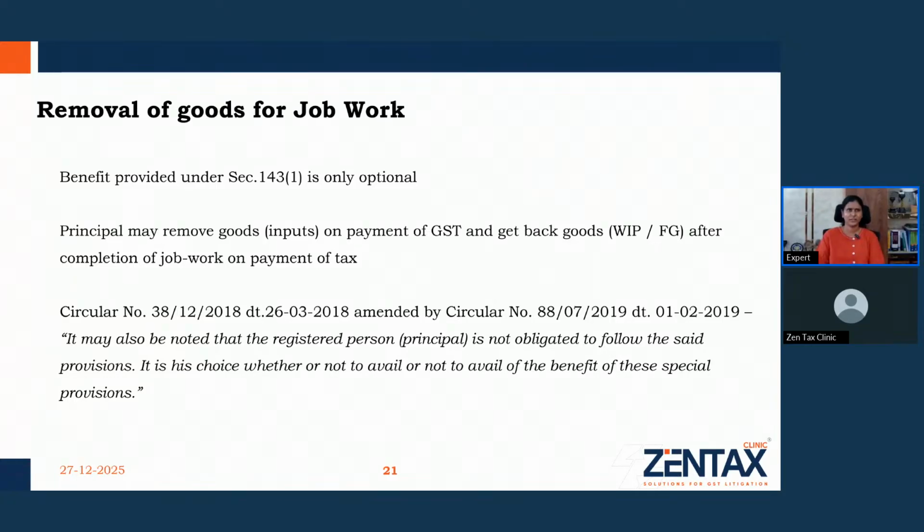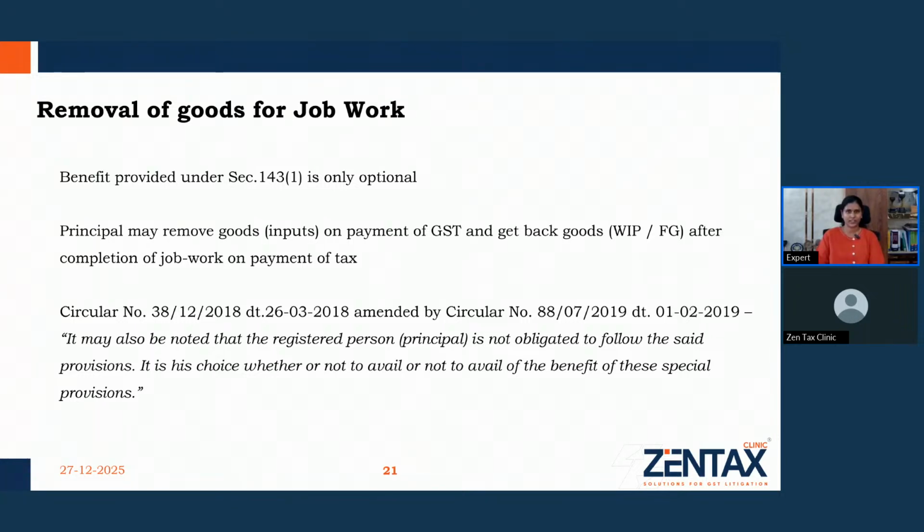But the benefit provided under Section 143(1) is only optional. Principal may also remove the goods on payment of GST, and they can get back the goods after completion of job work on payment of tax. This is an optional provision. So the principal can follow any methodology.